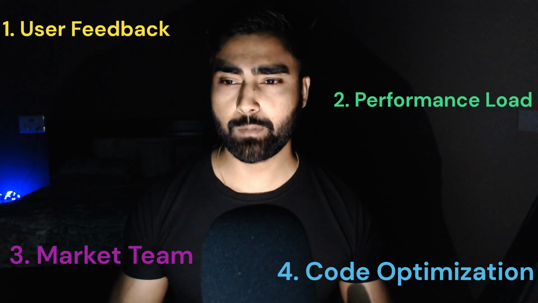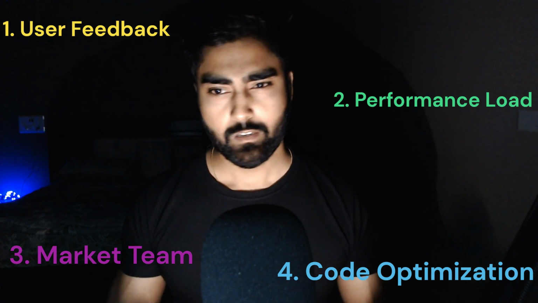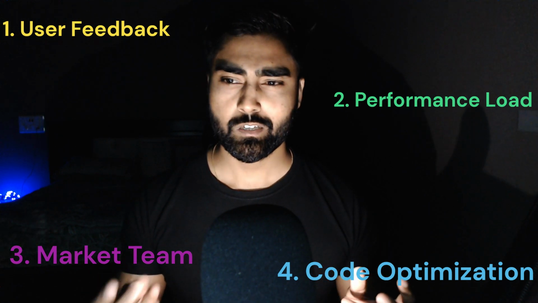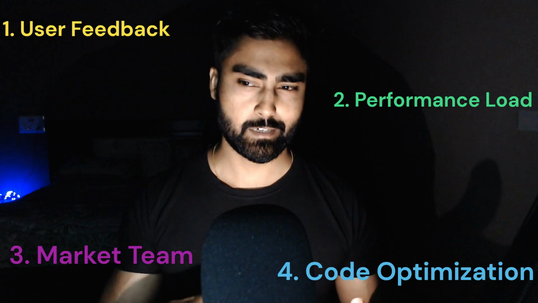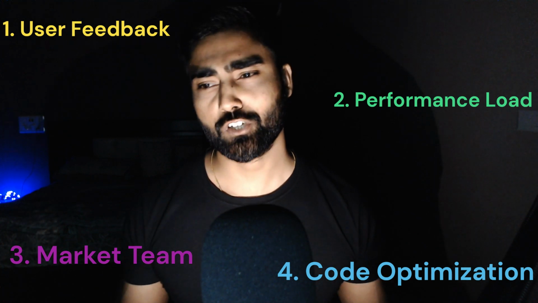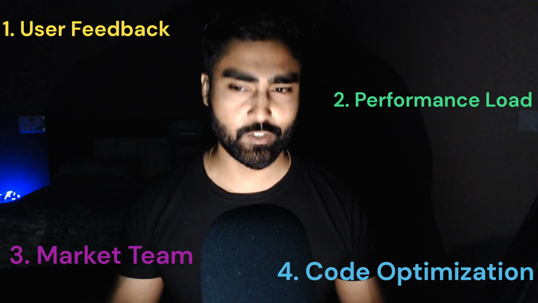Or if there is a complaint or the result is not okay between the old and the new code, you will just come back and roll back that feature completely and start working again.